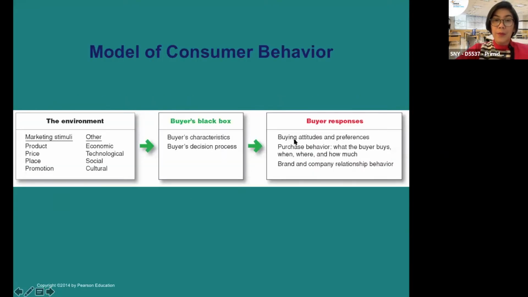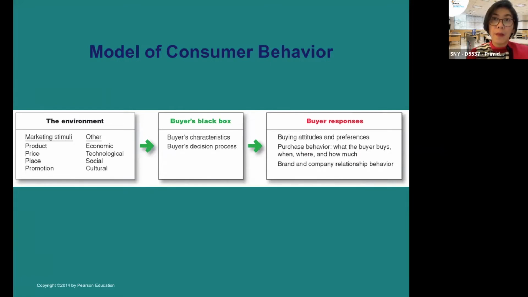Now, remember when I say that consumer behavior is dynamic, it changes. Yeah? This is a model that allows you to get a grasp or understand what actually makes consumers act in a certain way, what actually makes consumers provide responses that may be different from one another.